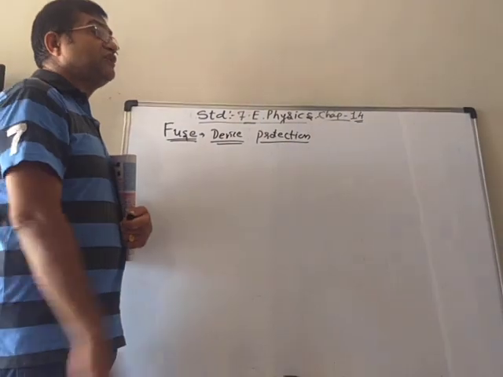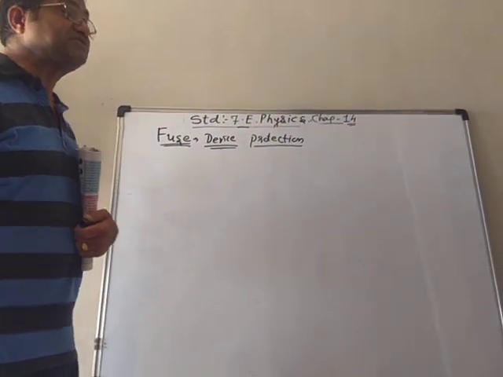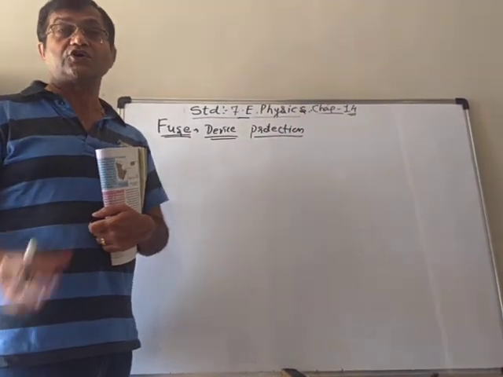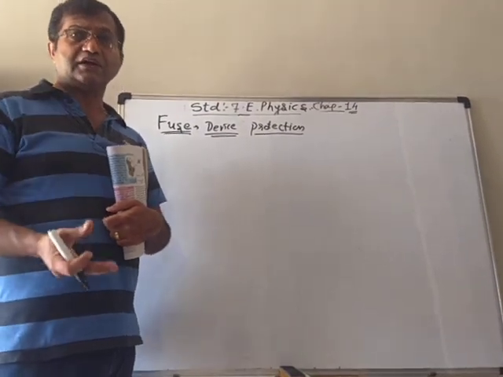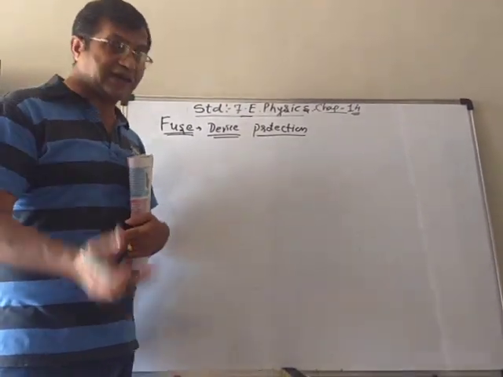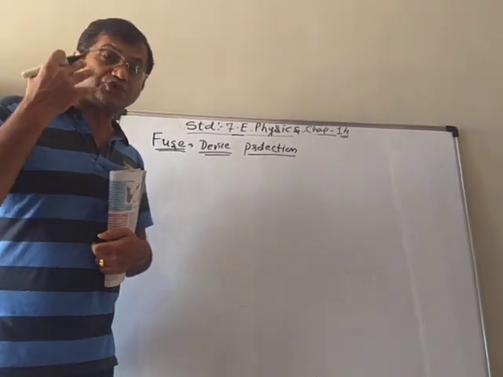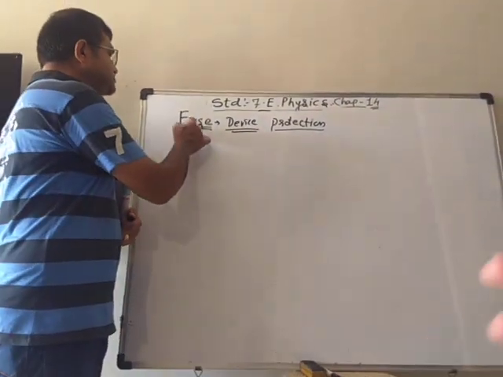More current will pass through all those appliances, and there are chances that they can damage your electrical appliances like the TV or your fridge or your AC. Everything can get damaged. So to prevent them from being damaged, the fuse is used.